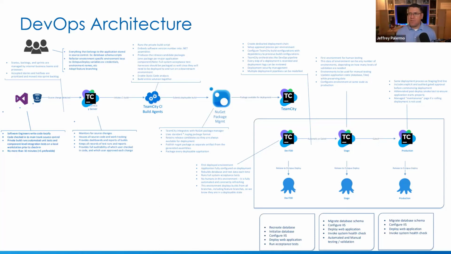Of course, the next natural stage is to put it on an environment where somebody can do some manual testing. And then after that, we at some point push it out to our customers, hopefully very soon. And so TeamCity's role in that is to orchestrate that process. One of the pieces of orchestration is to integrate with Octopus Deploy, our automated deployment tool, to do the configuration into Azure or whatever our environment is, and get the application stood up.